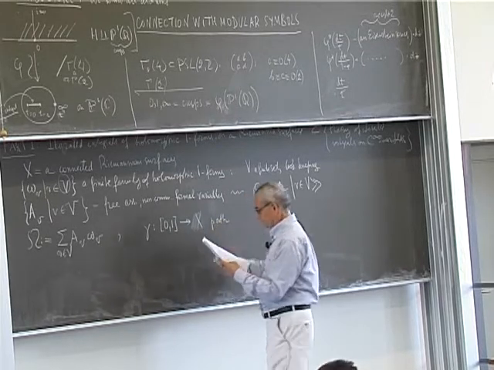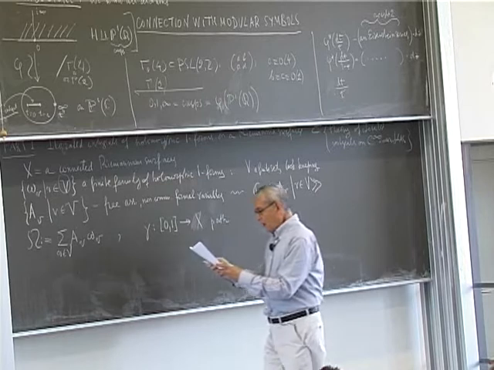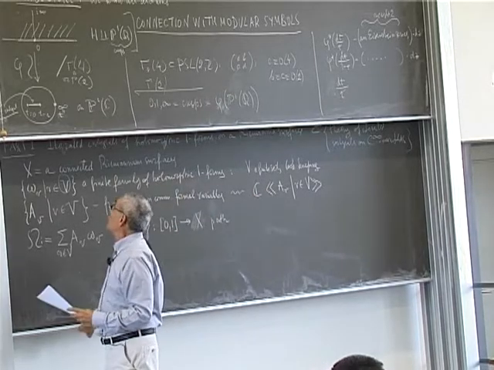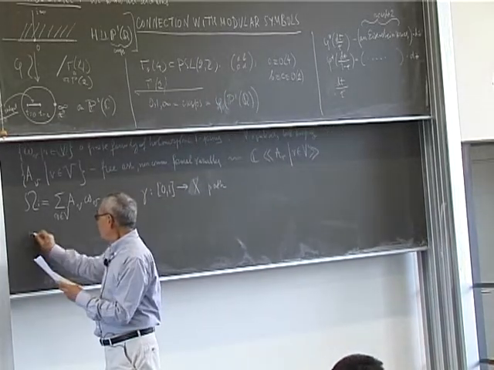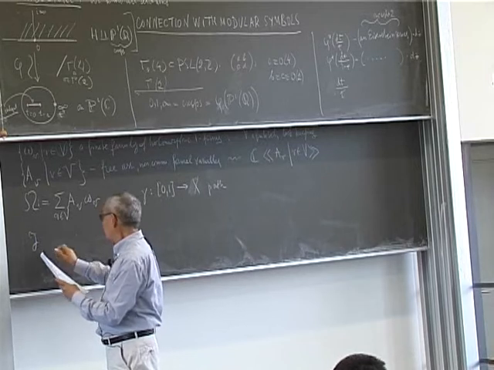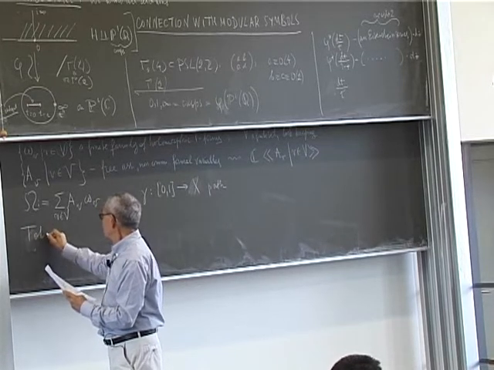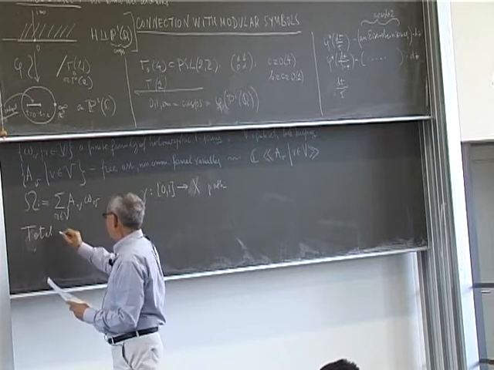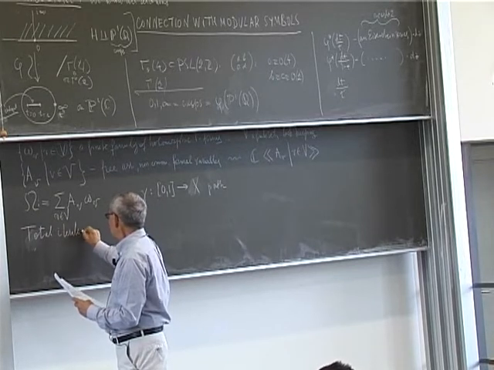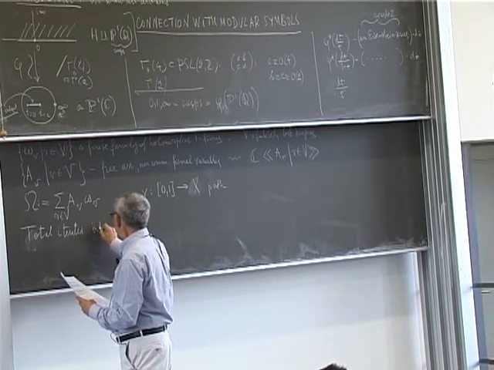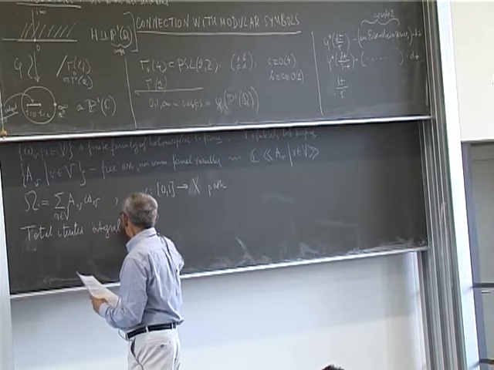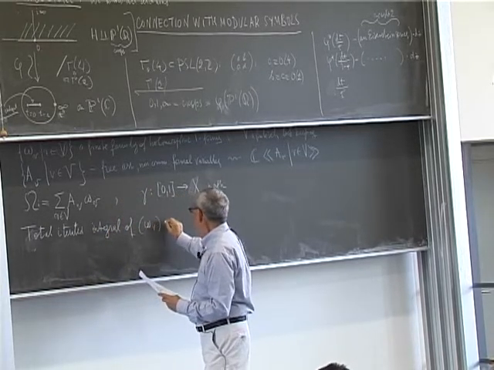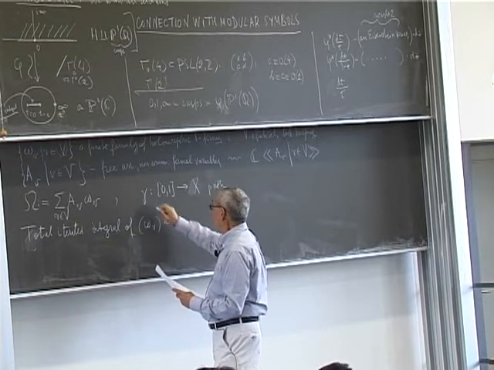And then the basic definition is the total iterated integral of this family omega v along gamma.